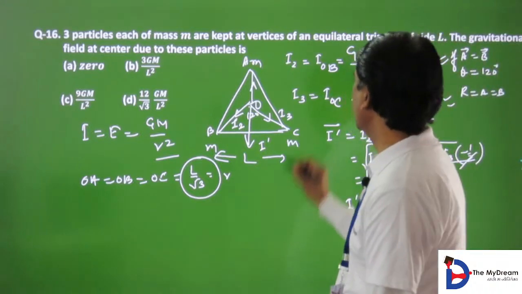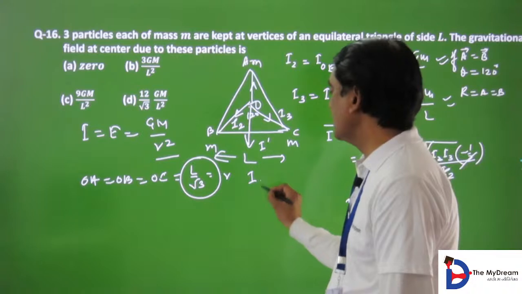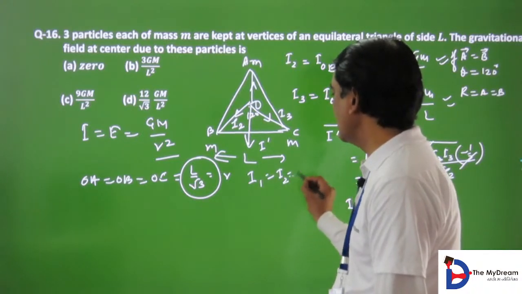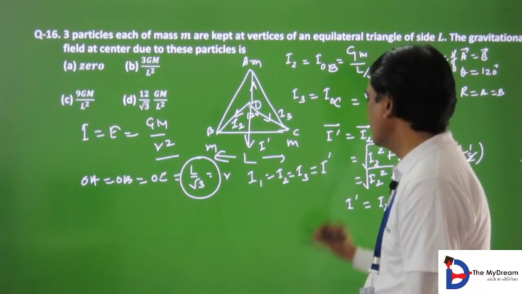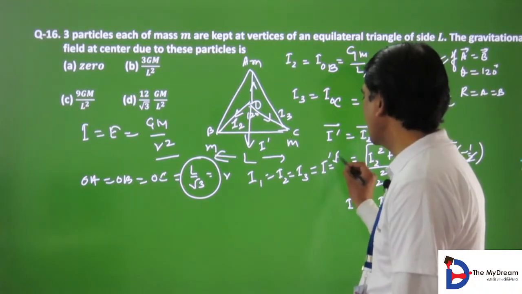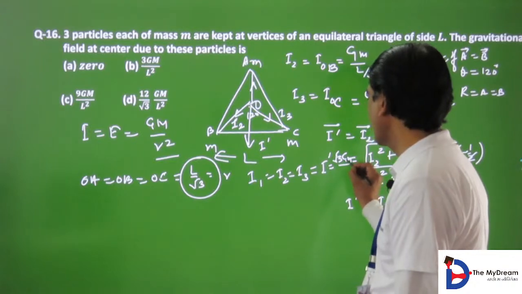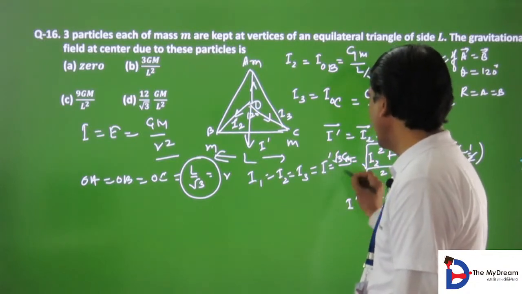I1 is also the same. So I1 is equal to I2, which is equal to I3, that is equal to I dash, and which is under root 3 Gm by L.